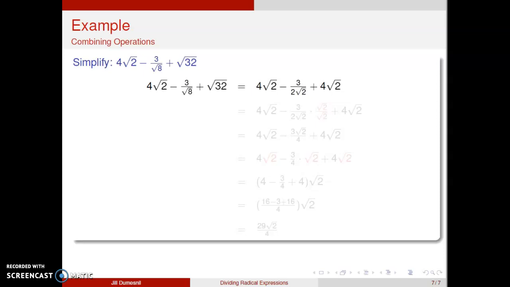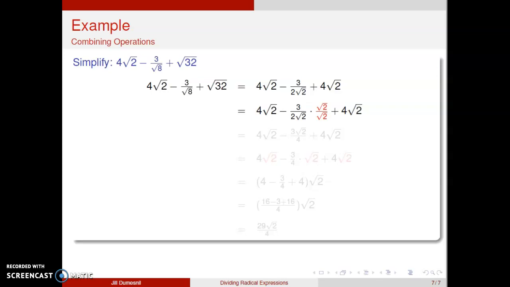Let's first simplify root 8 as 2 root 2 and root 32 as 4 root 2. We still have a denominator with a radical, so we multiply the middle term by a clever 1 of the form root 2 over root 2.